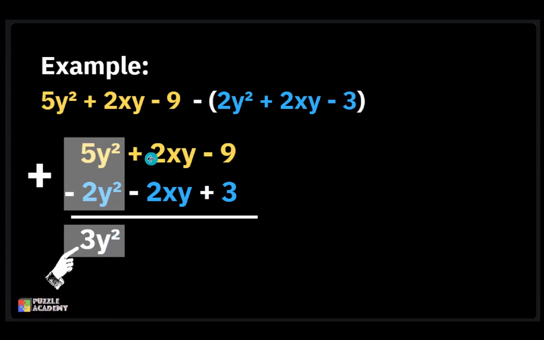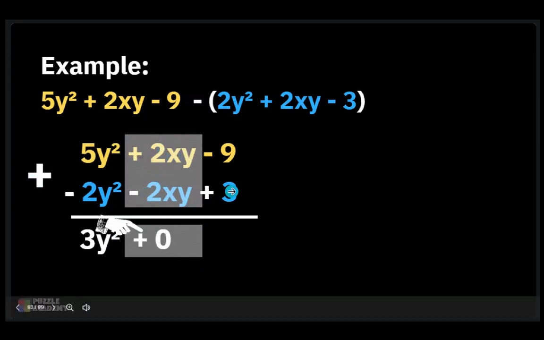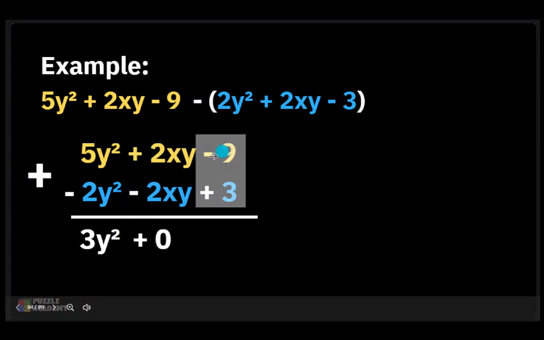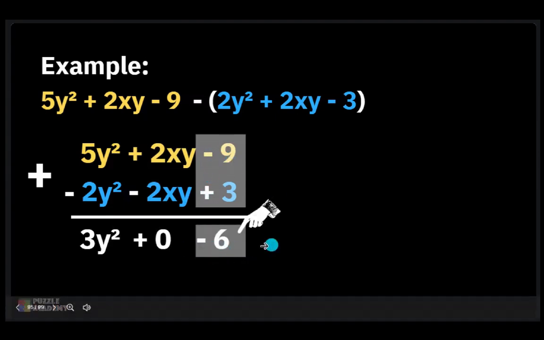Then, the next one, positive 2xy plus negative 2xy. Alam naman natin na 0 ang magiging sagot dyan. Okay? Magkamukha sila, parehas pa ng coefficient. No? Next, the third term is the constant. Negative 9 plus positive 3. Mas malaki si negative. So, the answer would be negative 6.